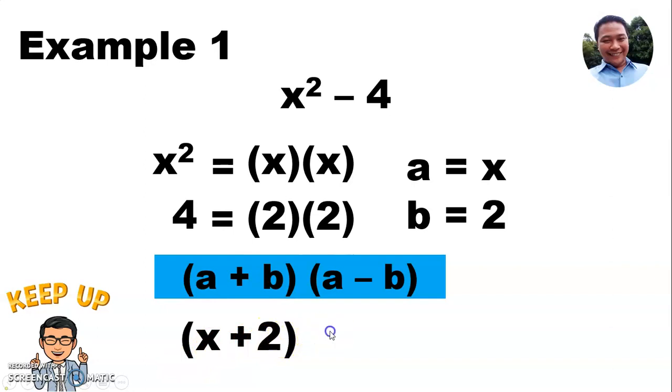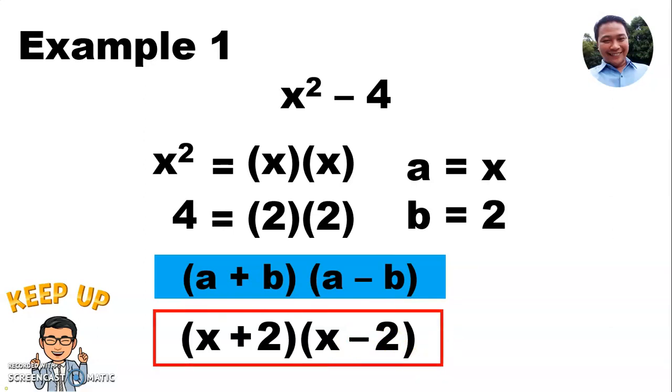Then substitute the value of a, x. Copy the operation minus, substitute the value of b which is equal to 2, and we have x minus 2. Therefore, the factors of x squared minus 4 is equal to x plus 2 multiplied by x minus 2.